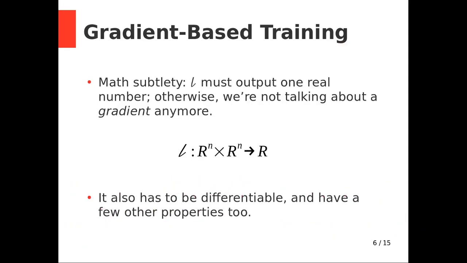So, meaningful, right, in terms of low loss being good performance, one-dimensional output, and differentiable. Do we have functions that satisfy that requirement? Well, we actually do. One of the most common is the fairly straightforward mean squared error, which we'll talk about later.